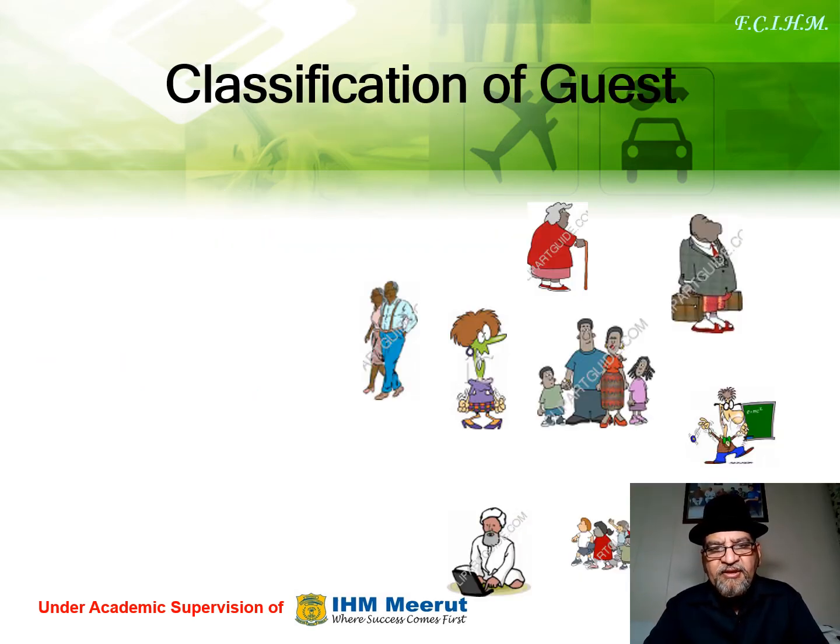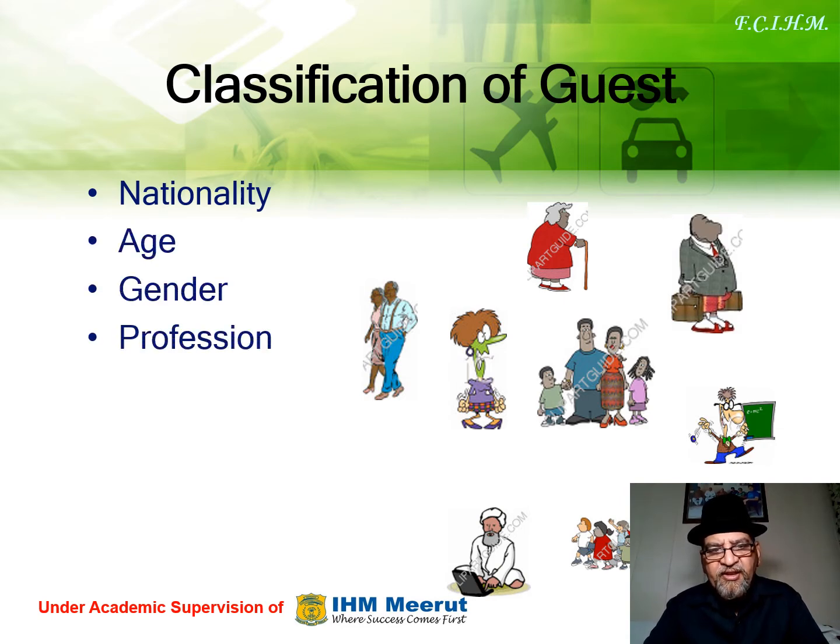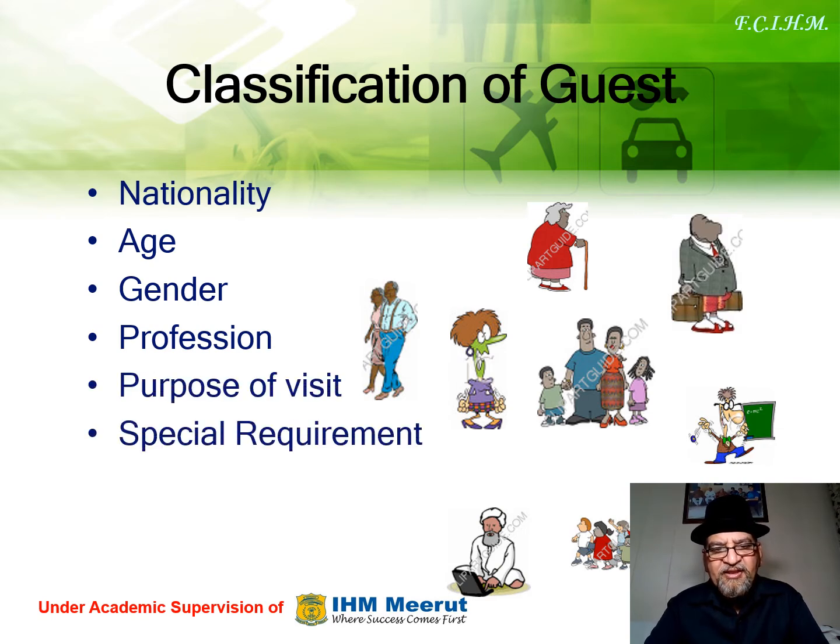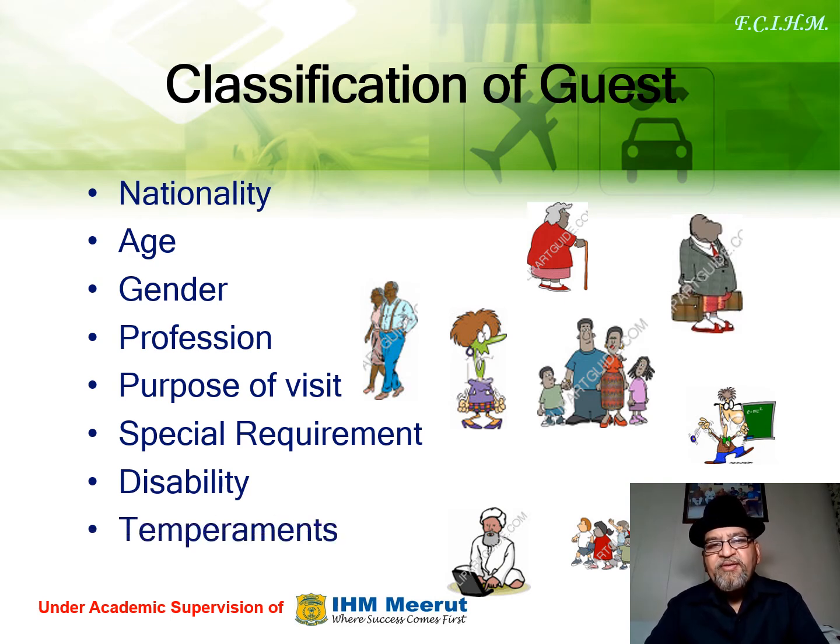Classification of guests. How do we classify guests? According to nationality, according to age, according to gender, profession. Some professions are preferred over the others. Purpose of visit, special requirement, disability, and temperament of the guest.